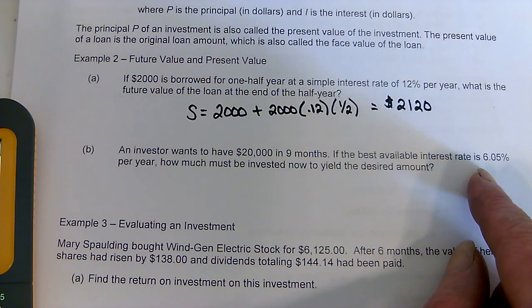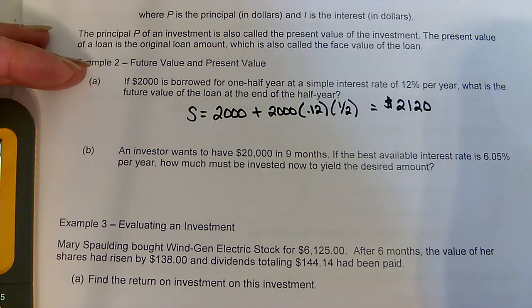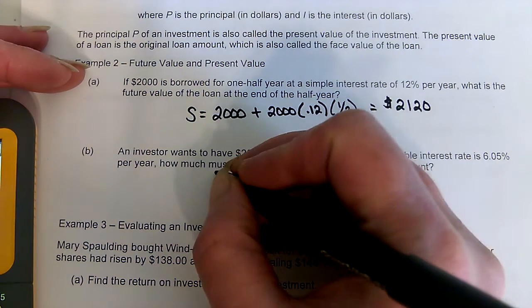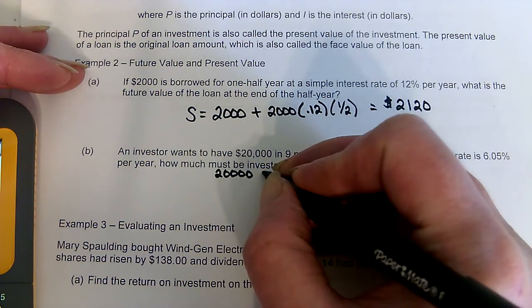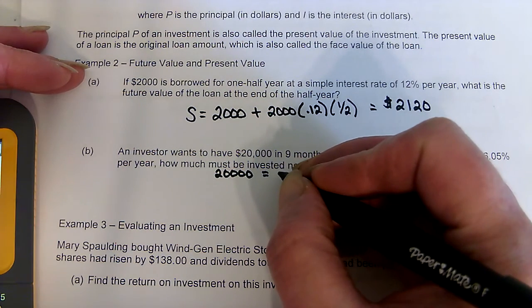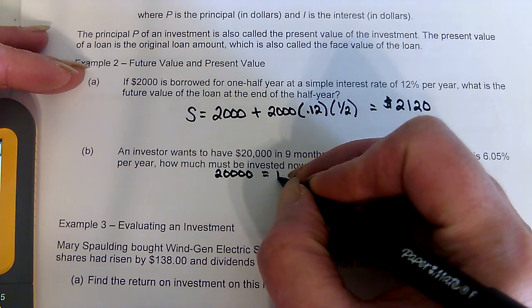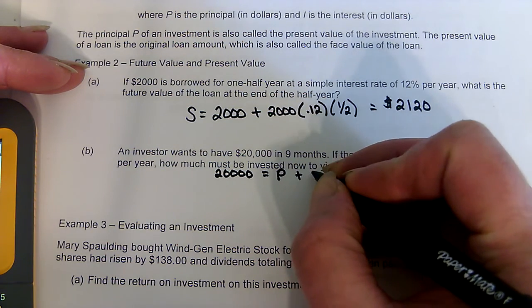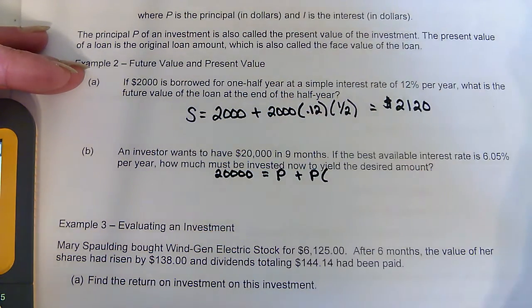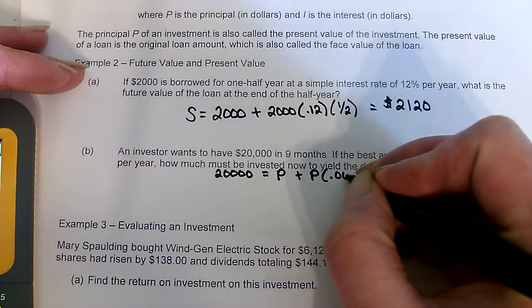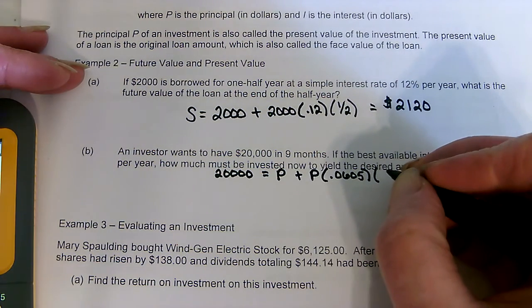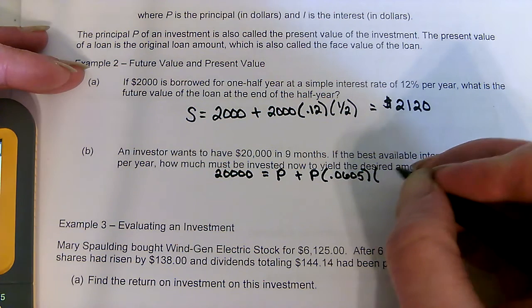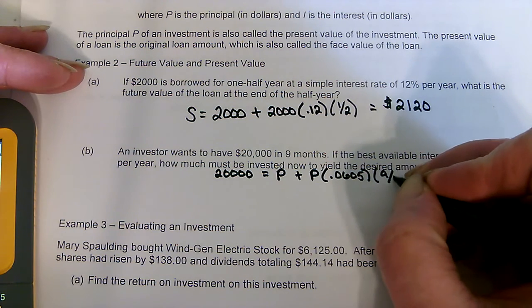So we want our future value to be 20,000, and we don't know what we're starting with. We know the interest rate is 6.05%, so that's 0.0605. And the time is 9 months, so that's really 9 out of 12, or 3/4. Let's do 9 out of 12.